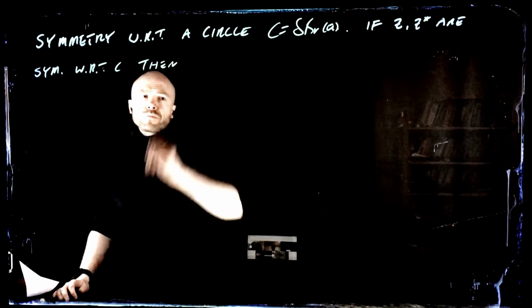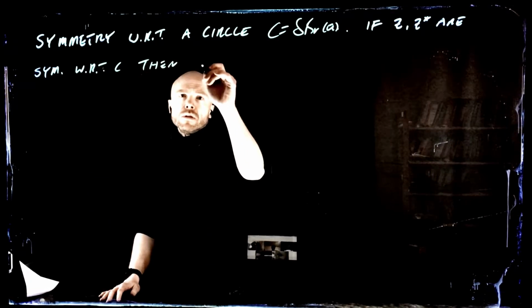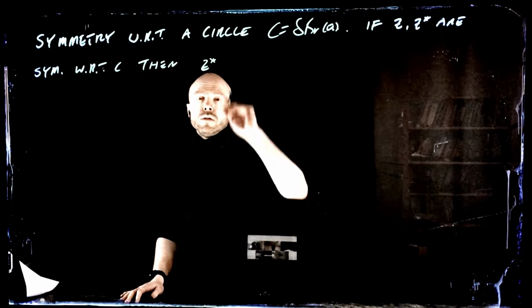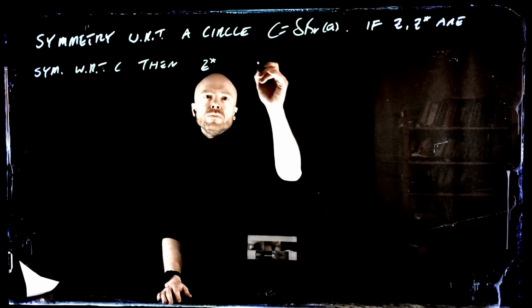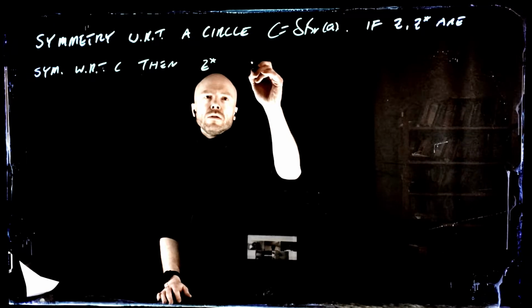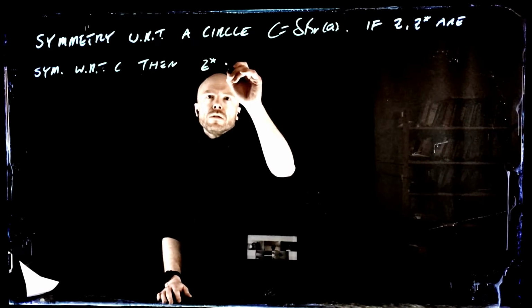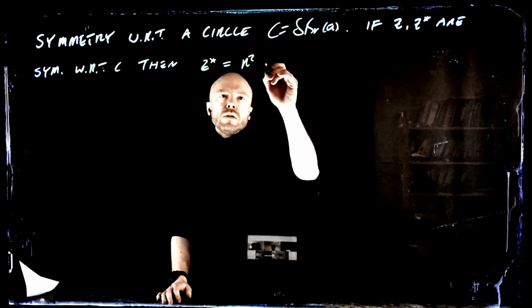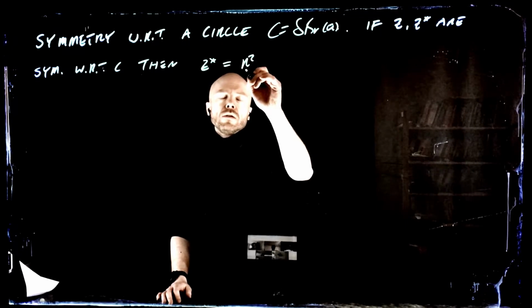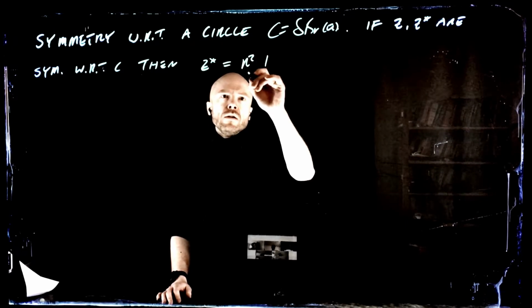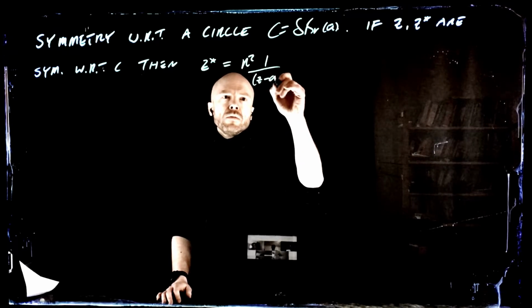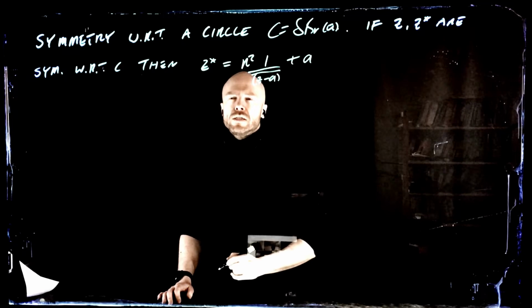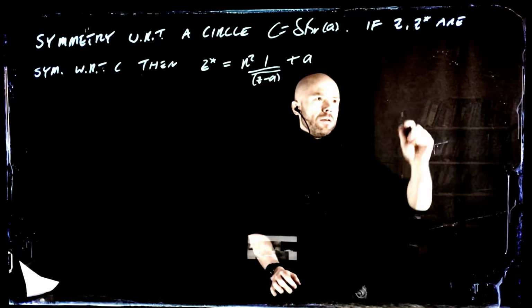then that was saying that Z star is equal to the square of 1 over Z minus A complex conjugate plus A, right?